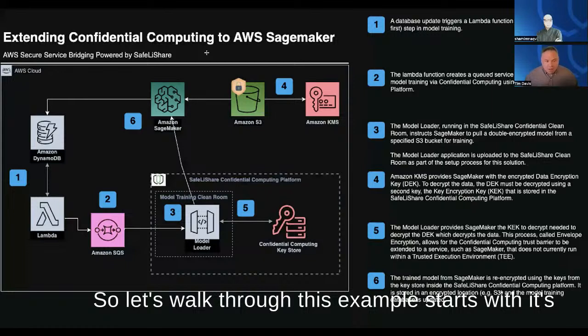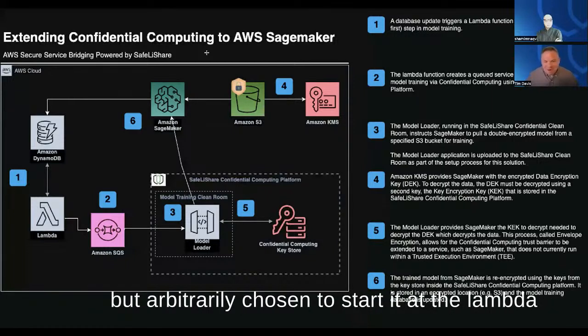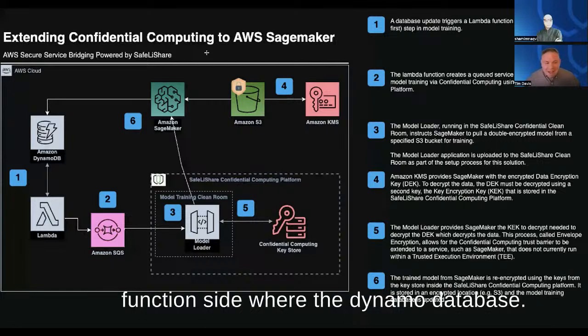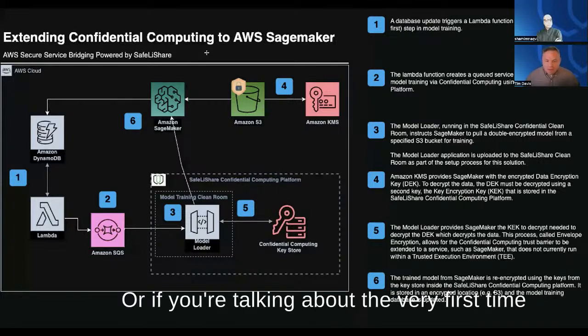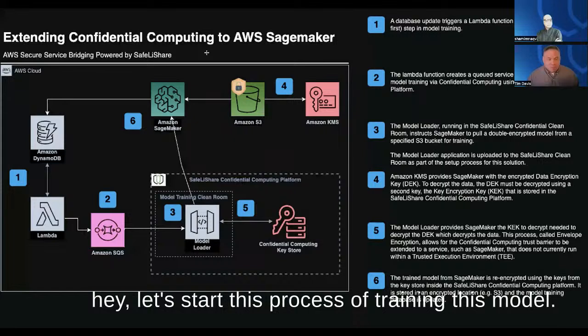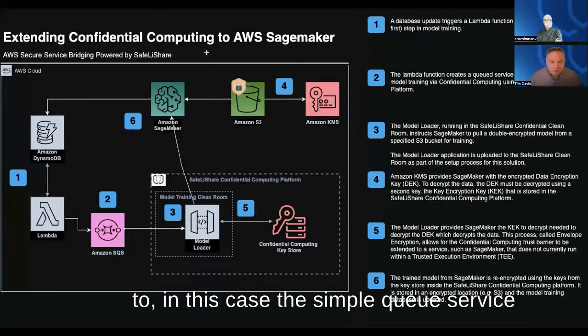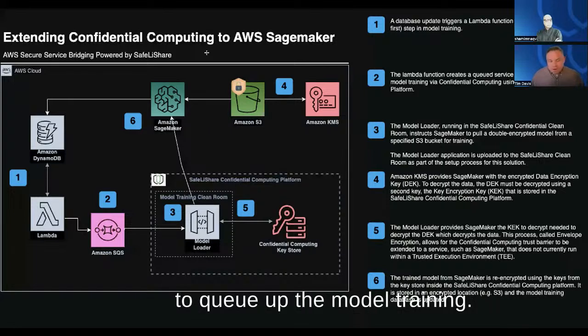It's a cycle, so we could really start anywhere, but I arbitrarily chose to start at the Lambda function side, where the Dynamo database, if you're talking about the very first time this happens, a user flips the switch and says, hey, let's start this process of training this model. So Lambda functions are going to call out to, in this case, the simple queue service to queue up the model training.